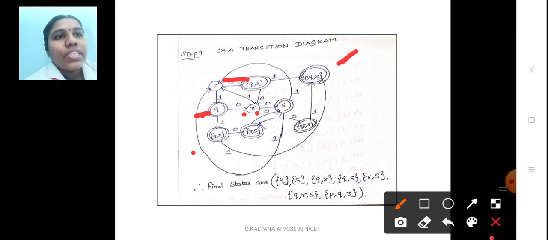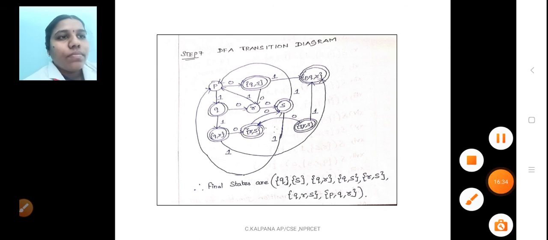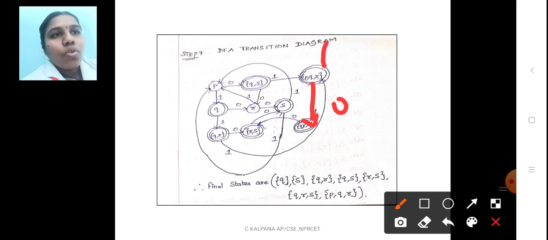Then check for the input pqr. pqr comma 0. Is there any input for pqr comma 0? Go back and check. PQR comma 0 is QRS, PQR comma 1 is PQR.